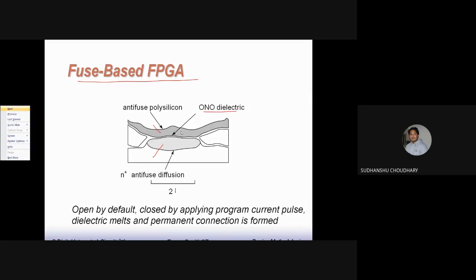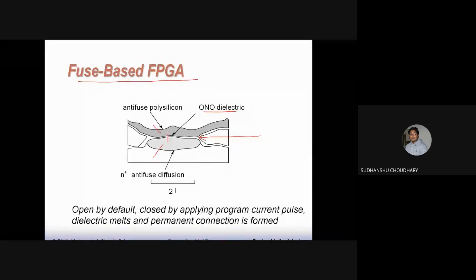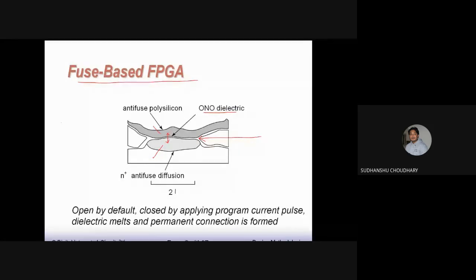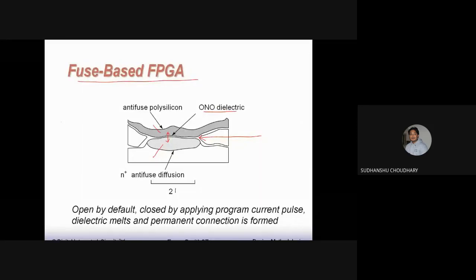Now, if you pass a high current via this ONO dielectric, then this dielectric will melt. And you will have a connection, or a fuse, between these two layers. So this is called the fuse-based programming approach. This can only be done once. It cannot be redone, or it is not reprogrammable.